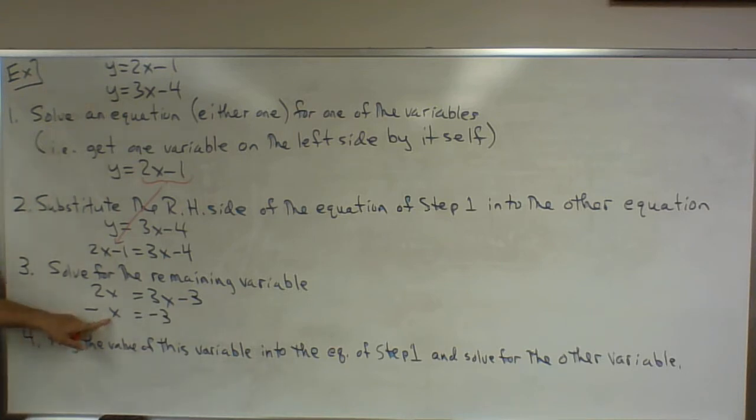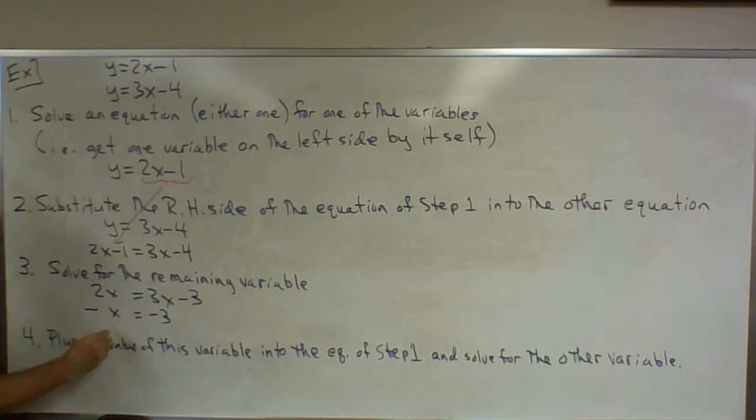No, not quite. I have negative x here. I'm looking for positive x. So I'll just multiply both sides by negative 1, and that will make the left-hand side equal to x. So I solved for the remaining variable x.